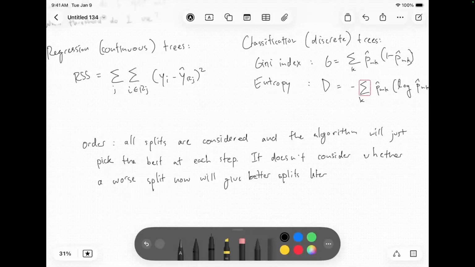Same here. Maybe a suboptimal split now could give a better result with a combination of a split down the line. This doesn't consider that. It's a greedy algorithm. It just takes the best split at every consecutive step. Okay?